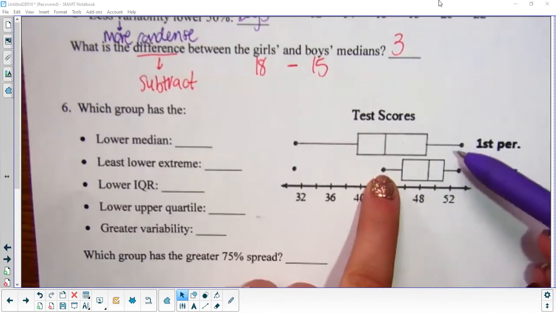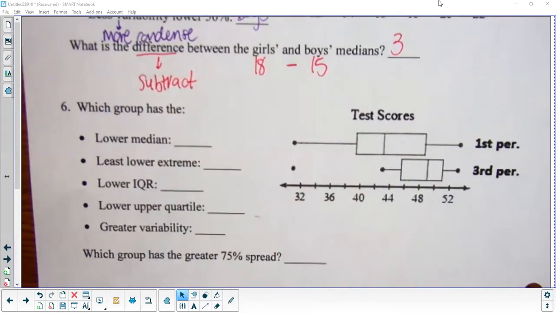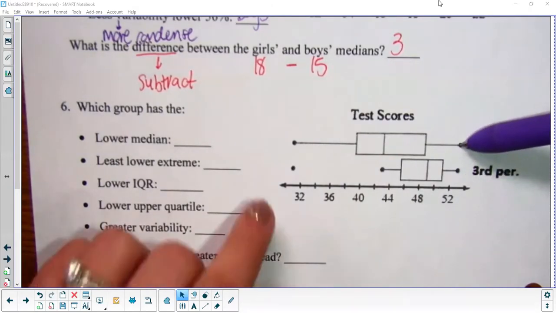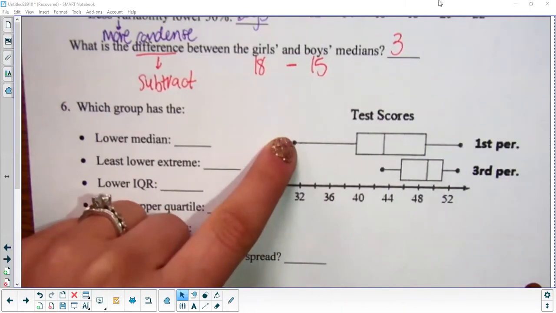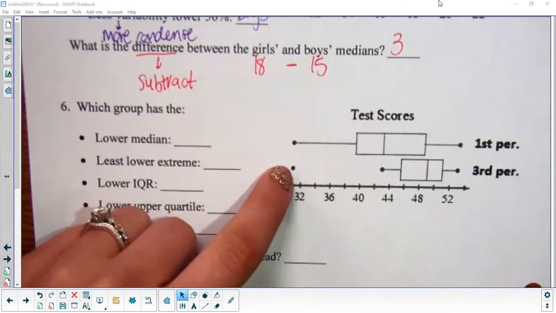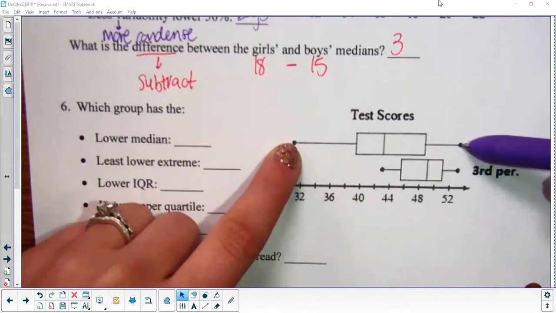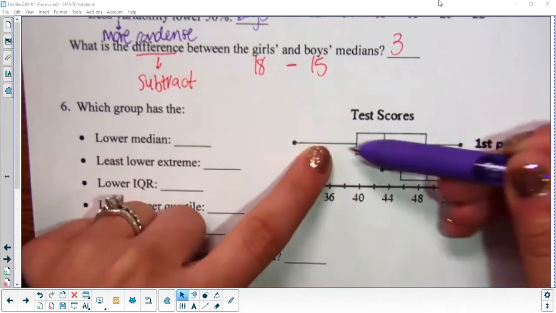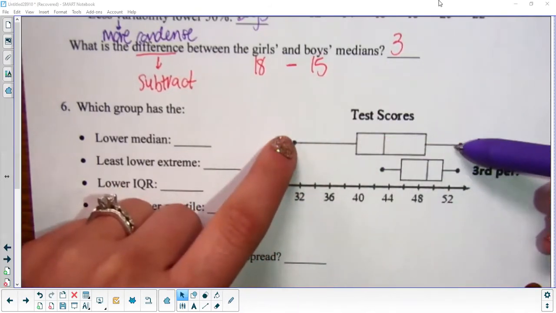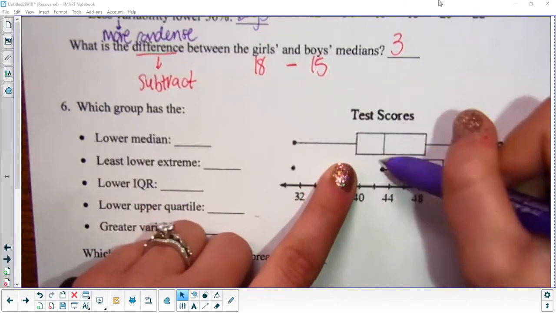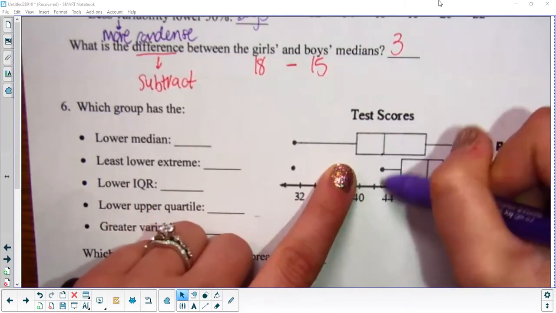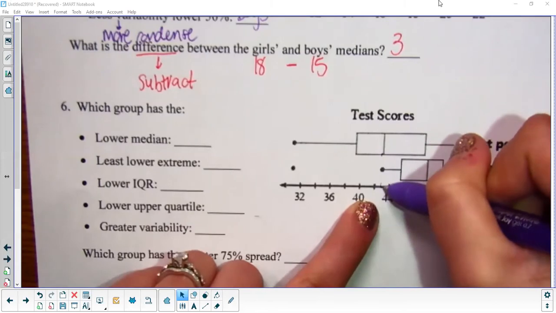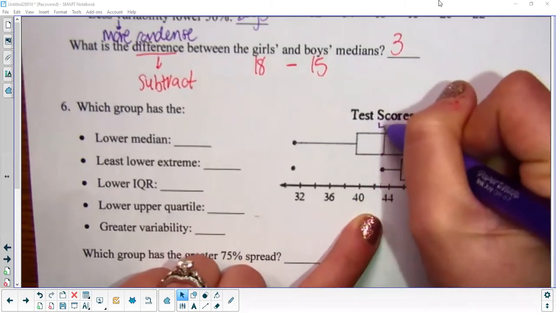Whereas first period, well, first of all, these are test scores. Those are really bad test scores because nobody wants a 52 on a test, right? So 53 all the way down here to 31-ish, right? So here, I notice that this box plot is a lot more spread out. That also tells me that my median here is about 42, so maybe like 43.